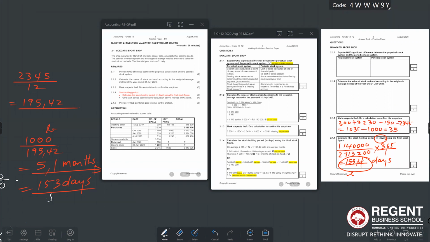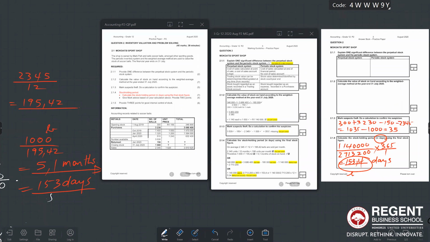Don't lose the marks unnecessarily. Okay, so I've done that part. That was question 2.1.4, the stock holding period. Now they said, give Mark advice based on your calculation above, provide 2 points. They want you to give him some advice.